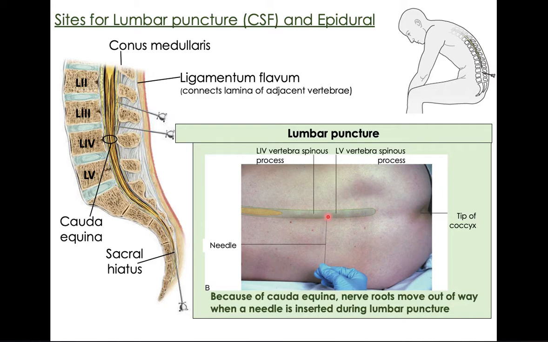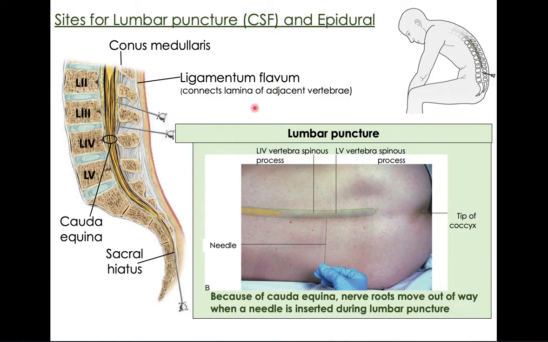Okay, so now we know the position of the lumbar puncture. We know ideally the patient would be lying on their side, knees to chest, or it can also be done with the patient sitting down and arching over towards their knees. The reason we prefer one of these two positions is because as the patient bends their back, that's going to stretch the ligaments between the vertebrae, specifically this ligamentum flavum that connects the vertebrae, so that there's more room to insert the needle.